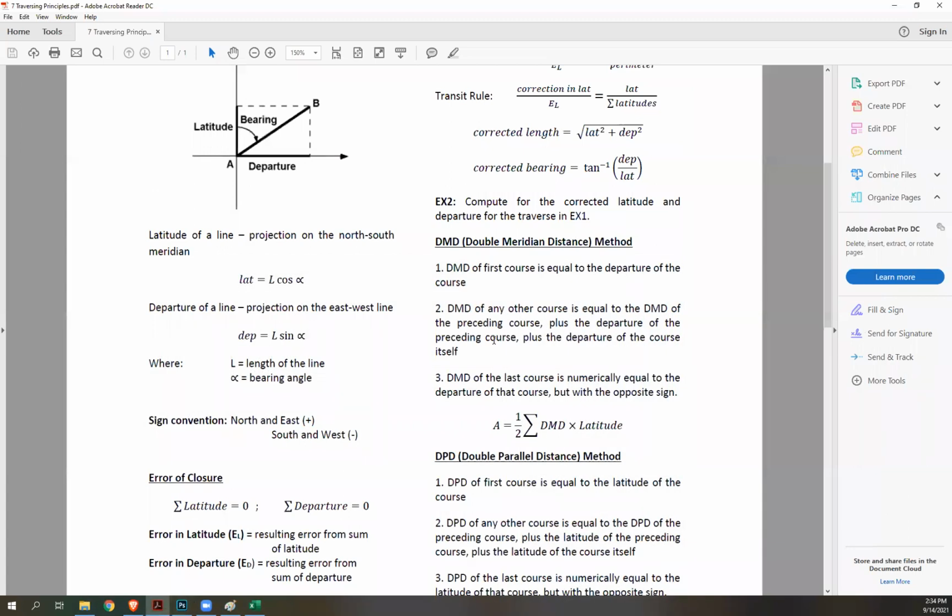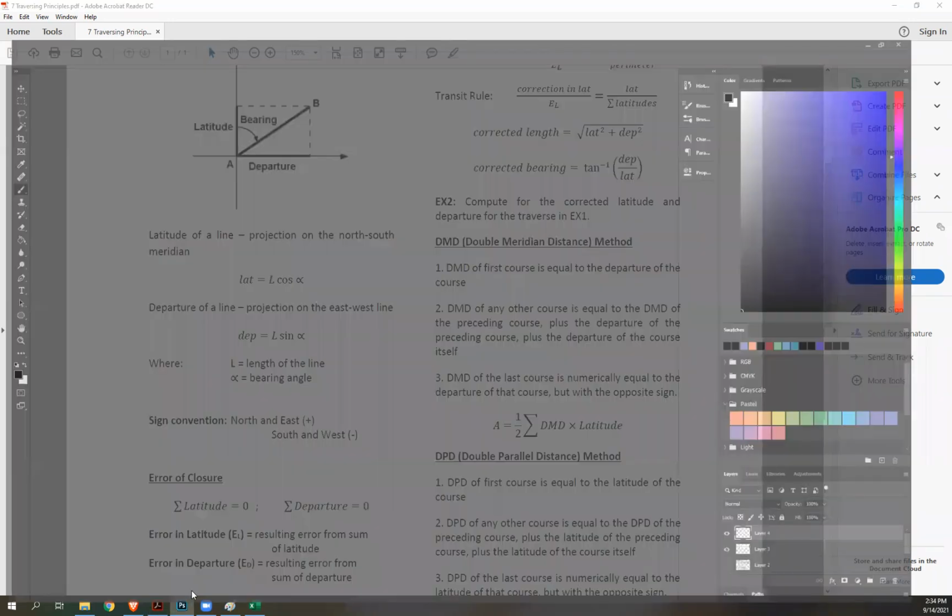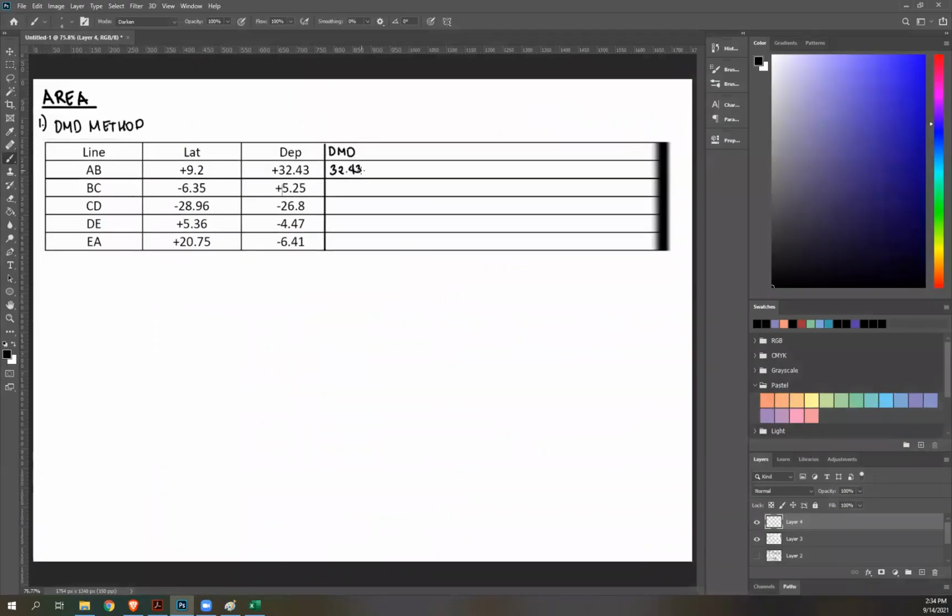Next. So previous departure plus previous DMD plus current departure. So that would be 32.43 plus 32.43 plus 5.25. And you should get 70.11 and so on and so forth.